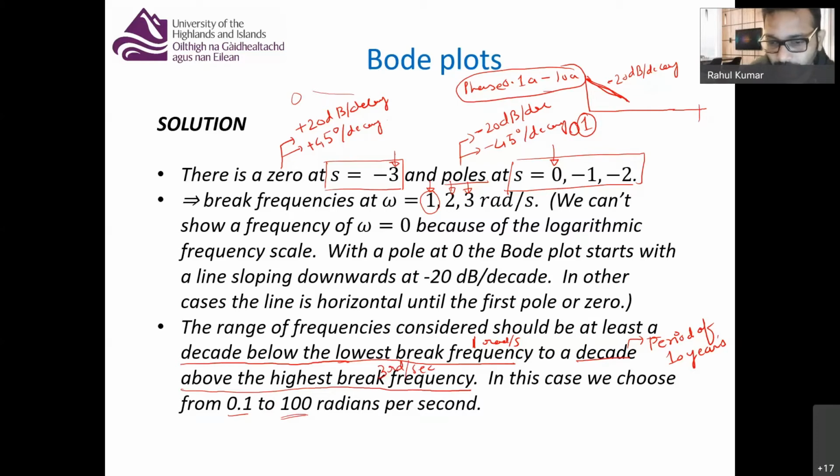So our Bode plot will be from 0.1 to 100 radians per second. It will start from 0.1 in both the magnitude and the phase plot, and go up to 100 radians per second.